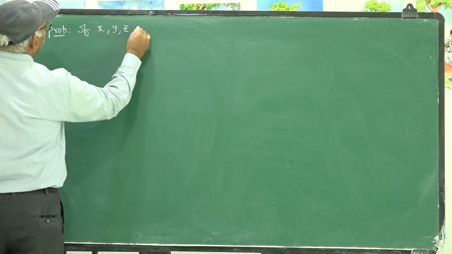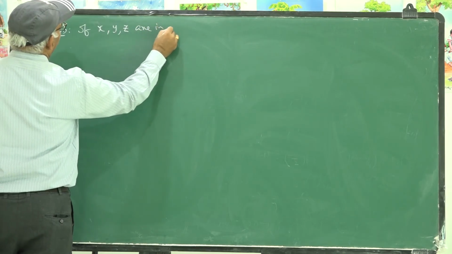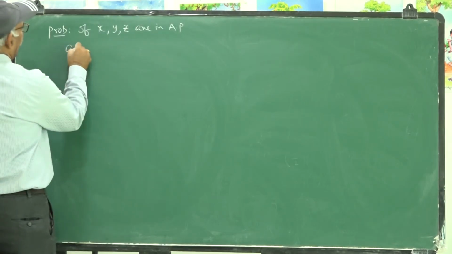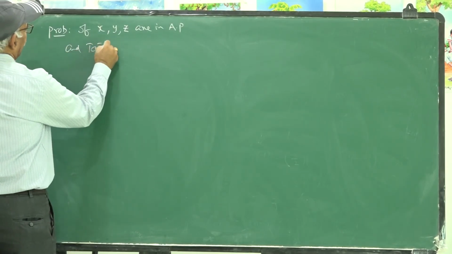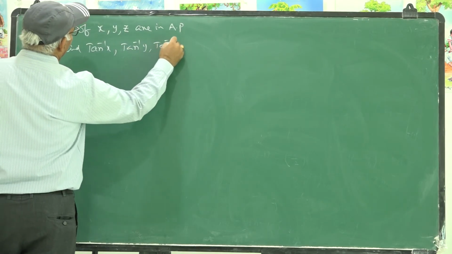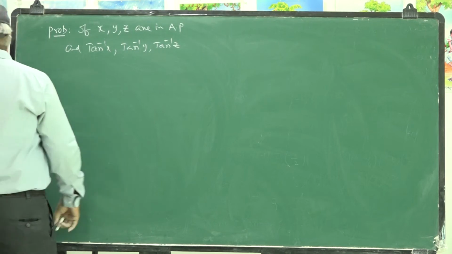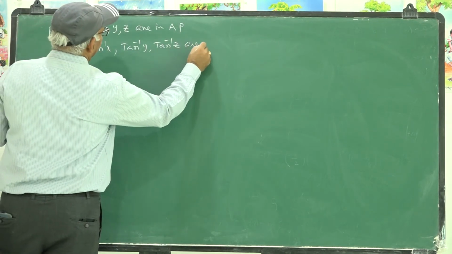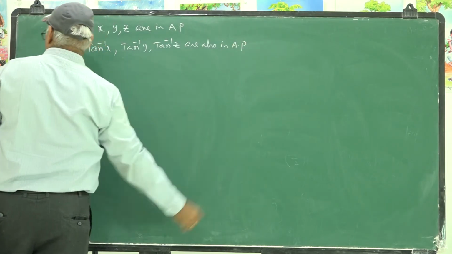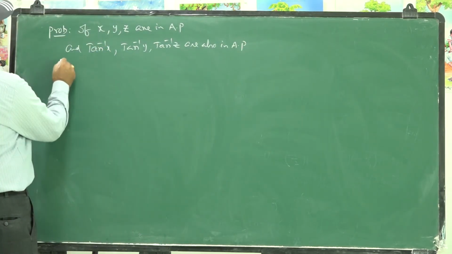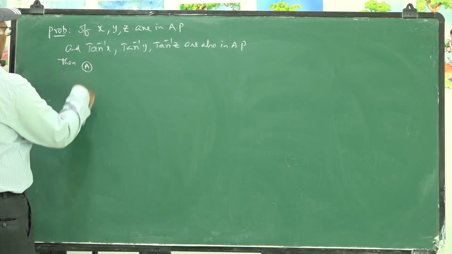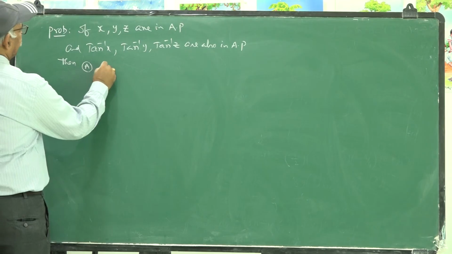If x, y, z are in AP and tan inverse x plus tan inverse y plus tan inverse z are also in AP, then which option follows here?